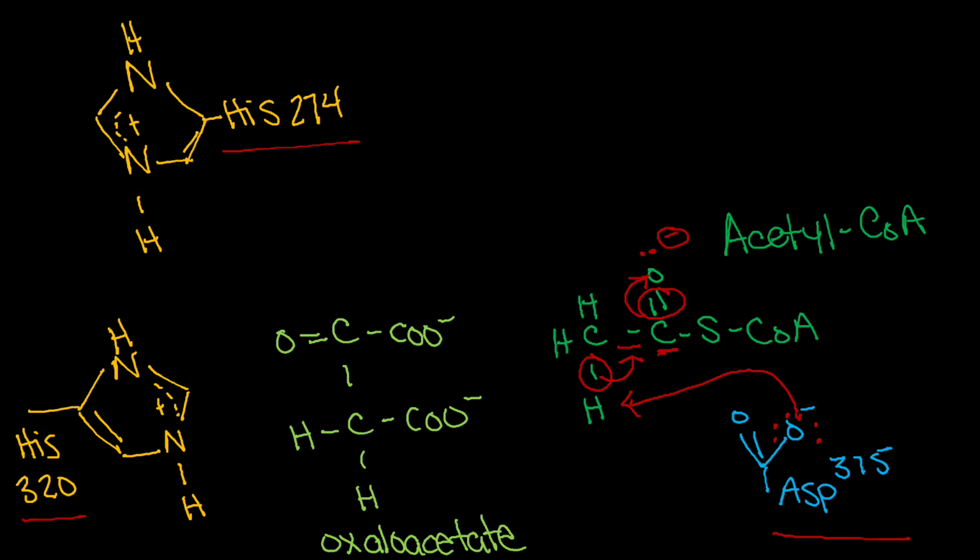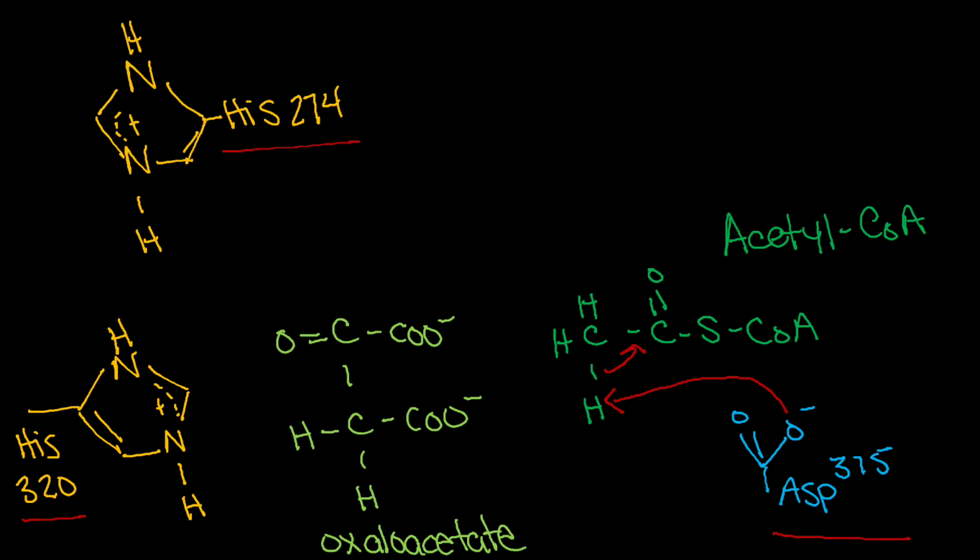So what happened is that we had this ASP 375 that has an oxygen with a negative charge, so it has an extra lone pair that attacks this hydrogen, and the lone pair that is left behind forms a double bond between the adjacent carbon and acetyl-CoA.